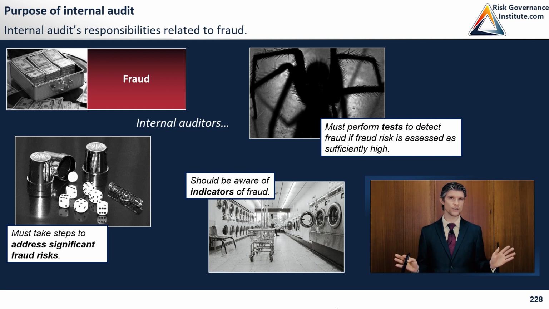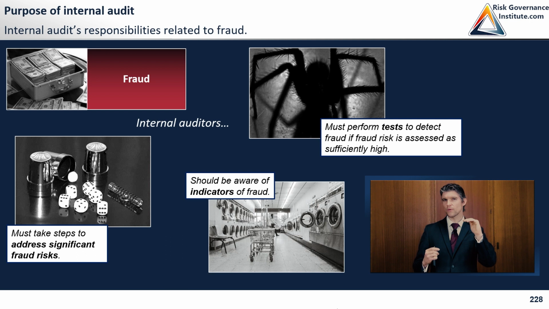So simply what I do in engagements is, in my risk inventory for every single engagement, I have at the bottom of it a little category for fraud risks. I try to make sure that I have at least considered fraud risk for every single engagement.